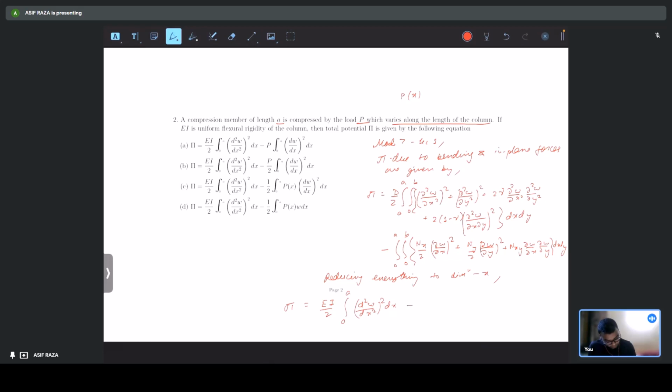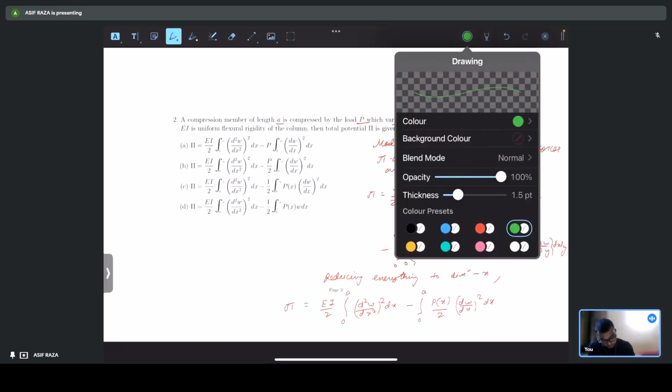Now minus Nx, we retain 0 to a, Nx would be my Px by 2 (dw by dx) whole square dx. So this would be my relation.